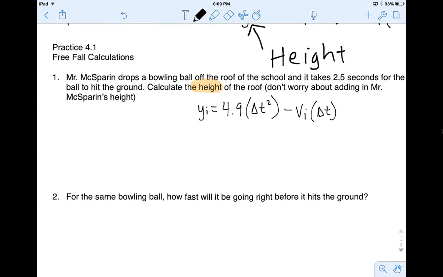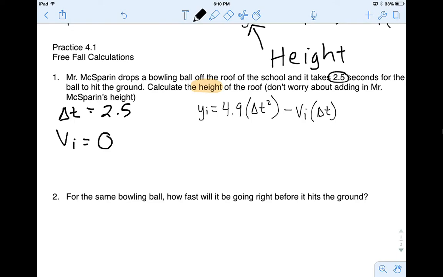Now, what else do we need? We know we're looking for YI, so I need to know delta T and I need to know VI. Delta T is the time that went by, and they told me that 2.5 seconds went by. So delta T is 2.5. VI: remember, this is me standing on the roof and dropping it. So the moment I let go of it, at the very beginning, it has no velocity.